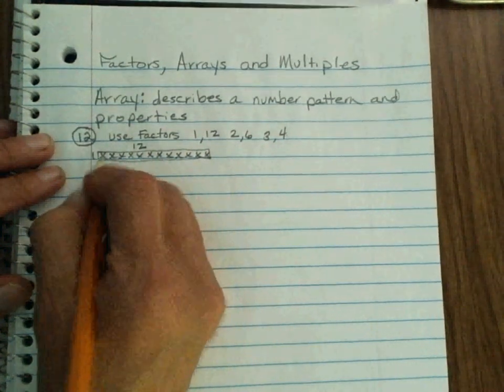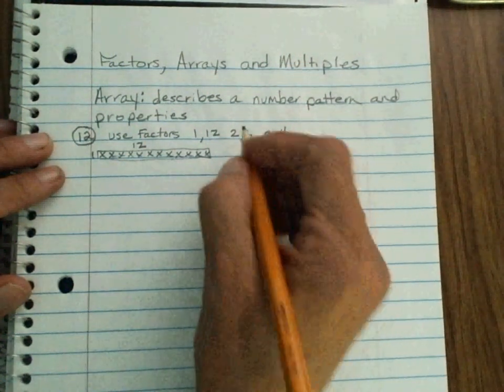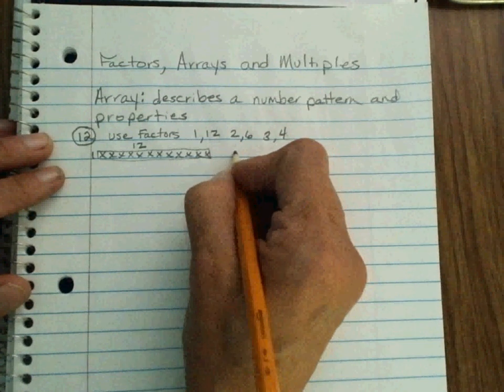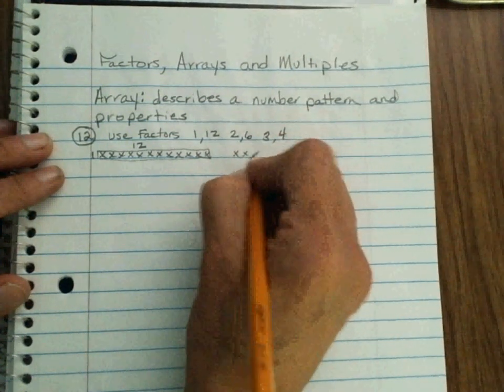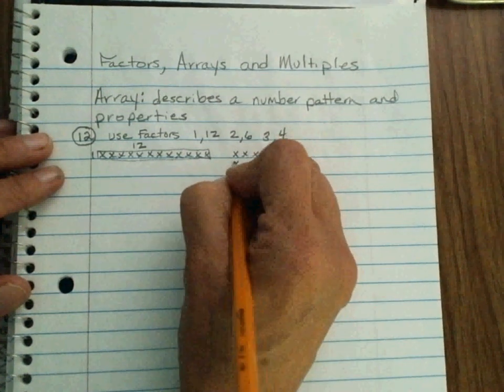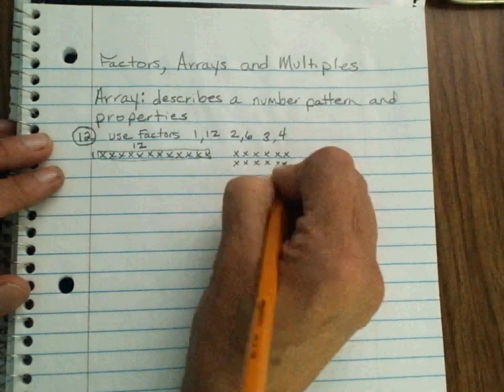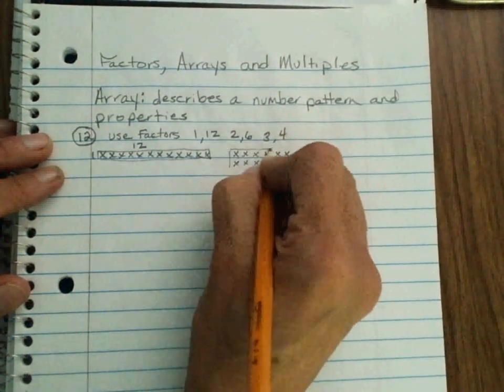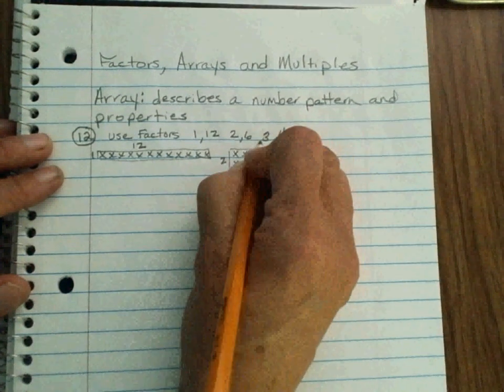Okay, now if I'm going to do 2 times 6, it's going to be 2 groups of 6. 1, 2, 3, 4, 5, 6. 1, 2, 3, 4, 5, 6. So there's another array for 12, 2 times 6.